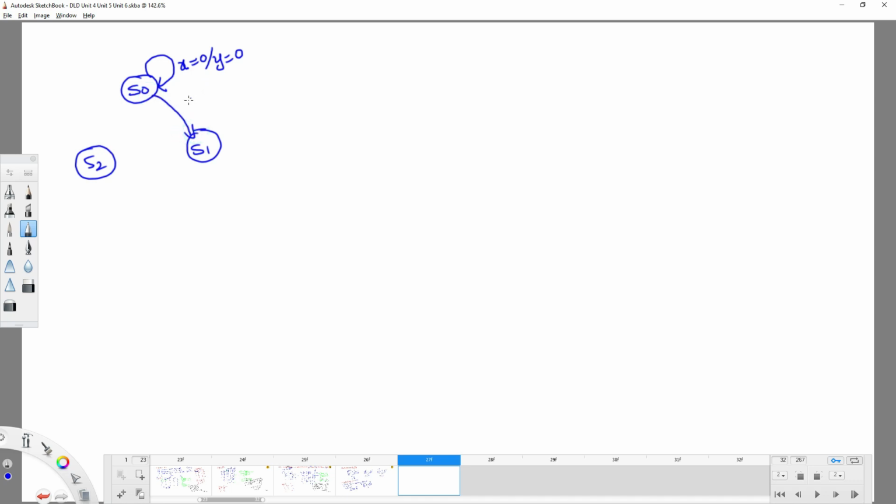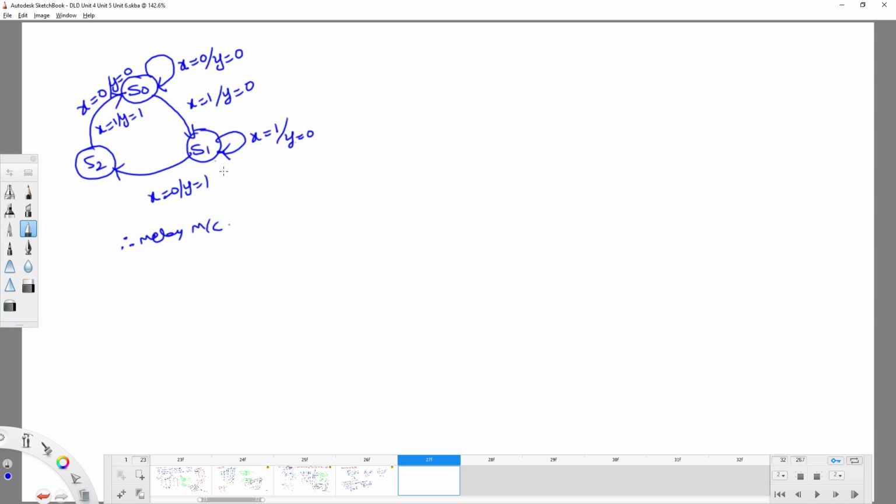Similarly, if I get the X value as 1, I produce the Y value 0 and move to S1. Similarly, for X value 1, I produce the output Y equal to 0 and move to S1 only. Similarly, X value 0, Y value 1, and if I draw like this, X equal to 0, Y equal to 0. If I get X equal to 1, Y equal to 1, move to the same state S0, right? So this is what we can call a kind of Mealy machine.